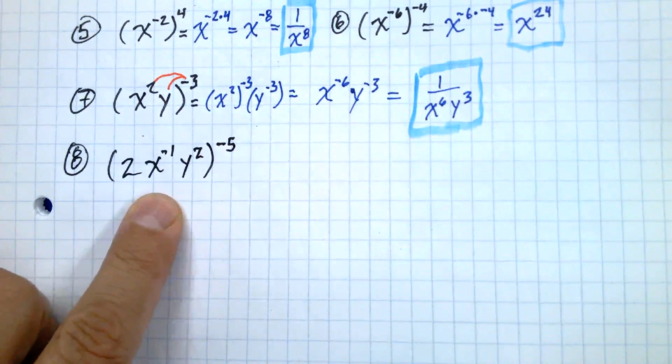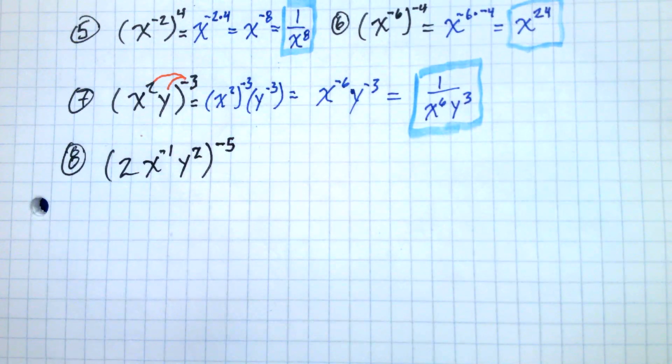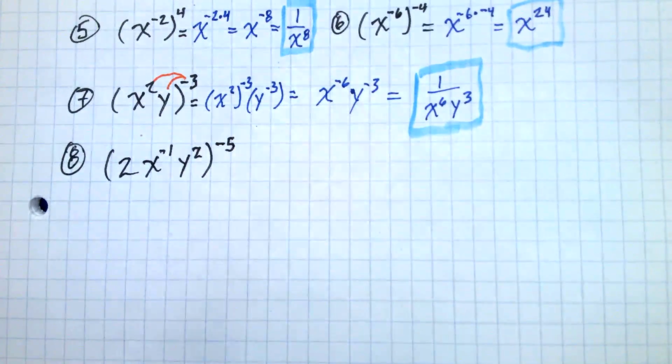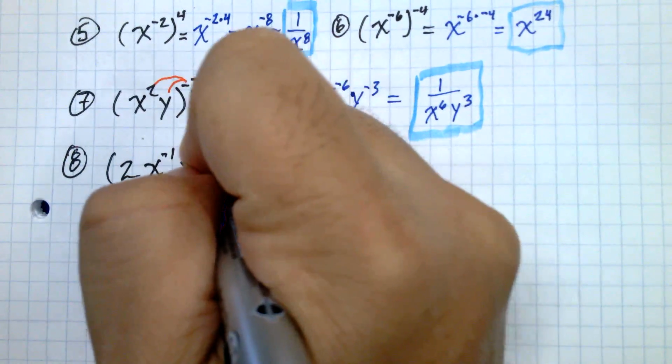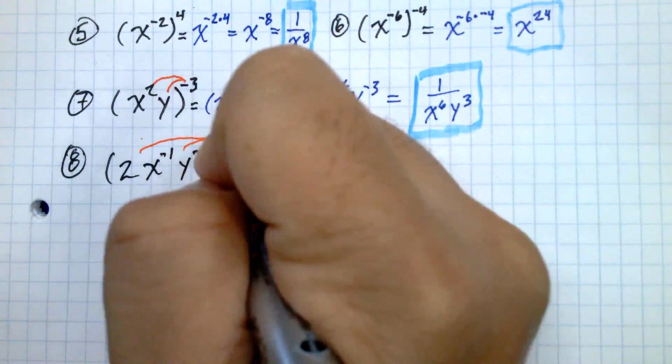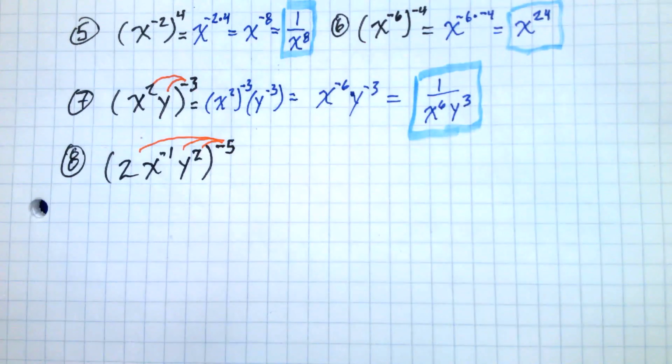So it's 2x to the negative 1 y squared, all that raised to the negative 5 power. So first thing, it's kind of like order of operations. Get rid of those parentheses. We're going to negative 5 power every one of these.